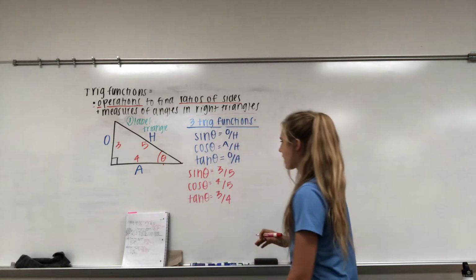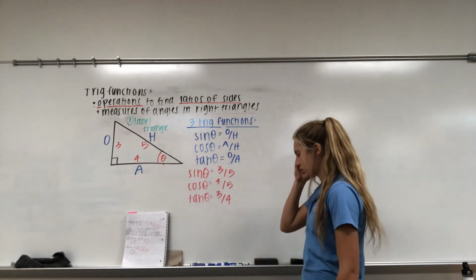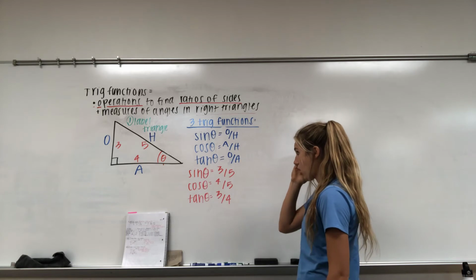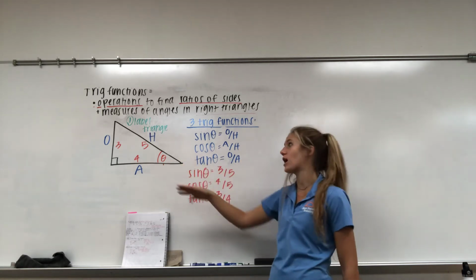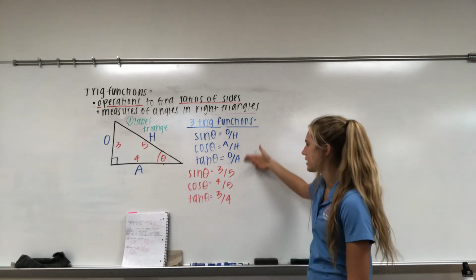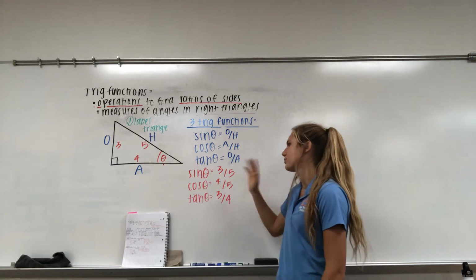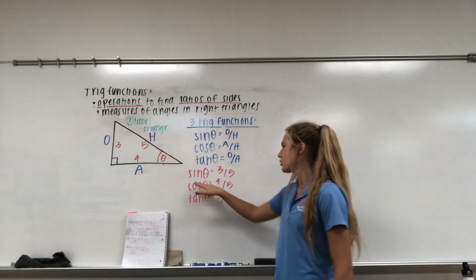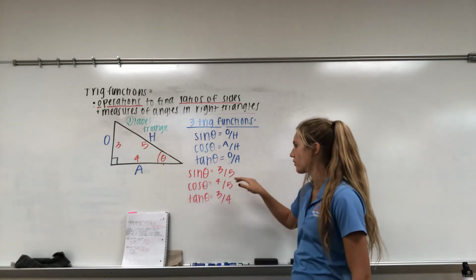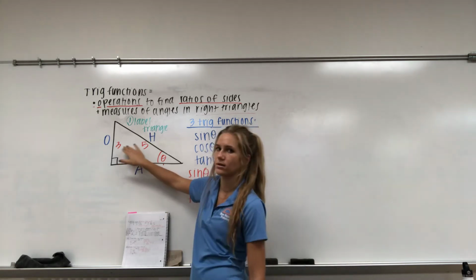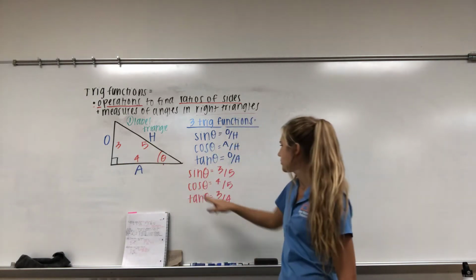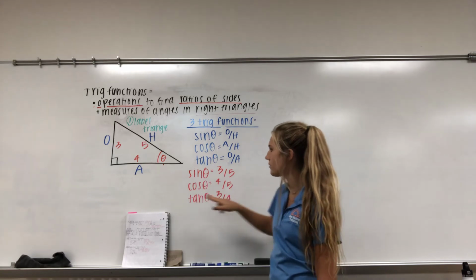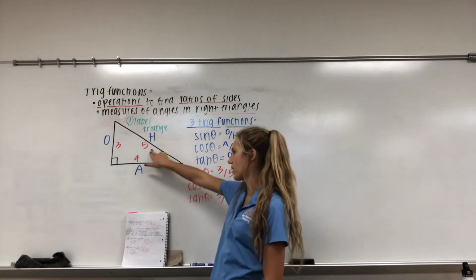Okay, so like I said, these three functions that I just wrote down are in specific reference to this triangle, following the same basic relationships, just filling in values. So sine theta is equal to 3 over 5, opposite over hypotenuse. Cosine theta is equal to 4 over 5, adjacent over hypotenuse.